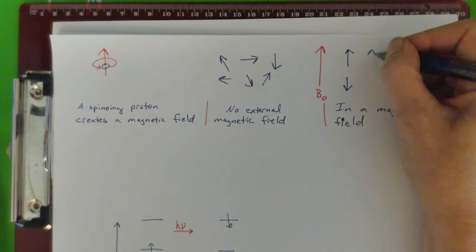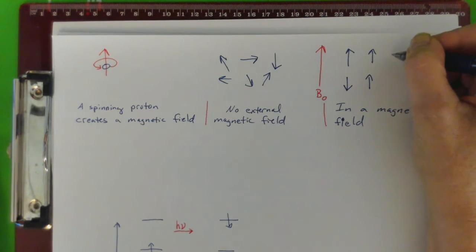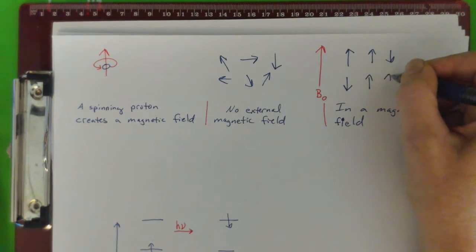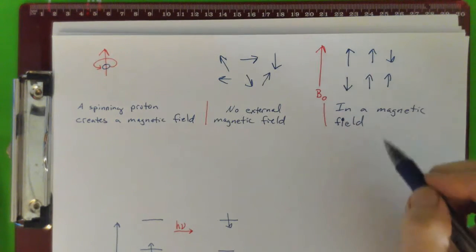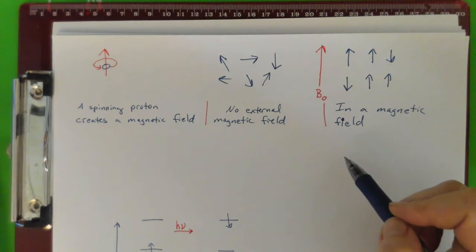And what we find is that most of the nuclei, not all, but most, will orient with the magnetic field, or parallel, but some will be oriented against or anti-parallel.